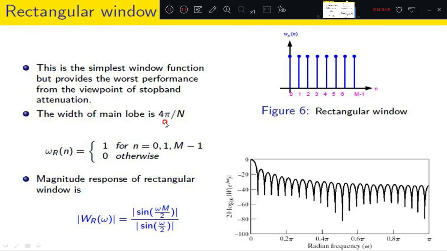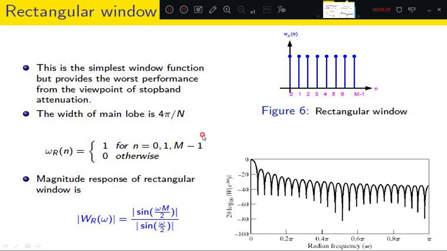In the time domain, the rectangular window function is defined by w R of n is equal to 1 for n equal to 0 up to M minus 1, and outside this range it is 0. And the magnitude response of the rectangular window function is sine omega M by 2 divided by sine omega by 2, right? So this is the magnitude response of the rectangular window.